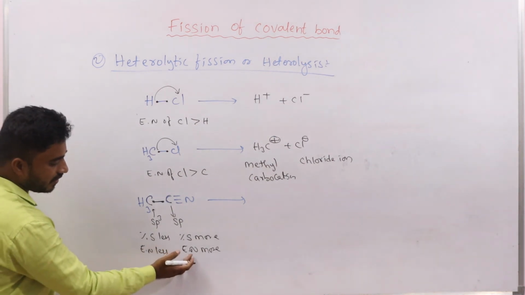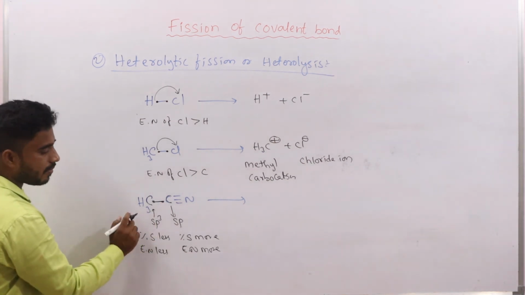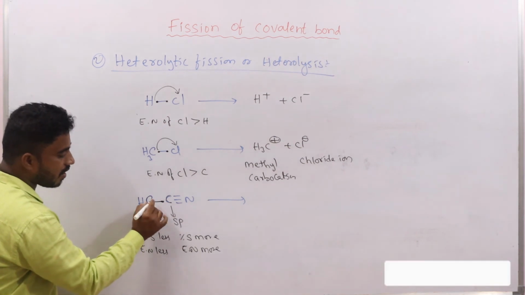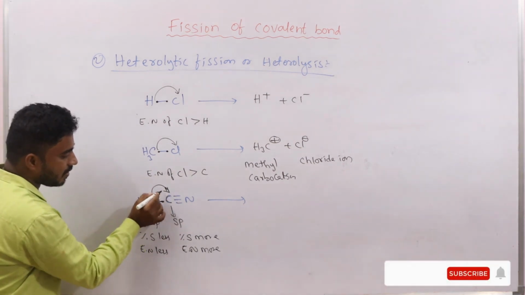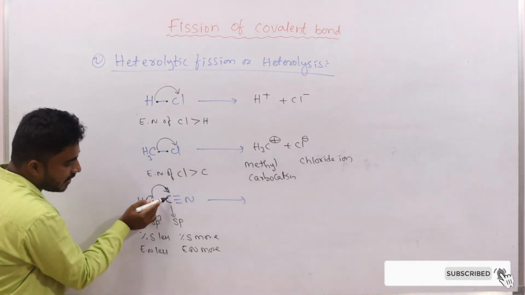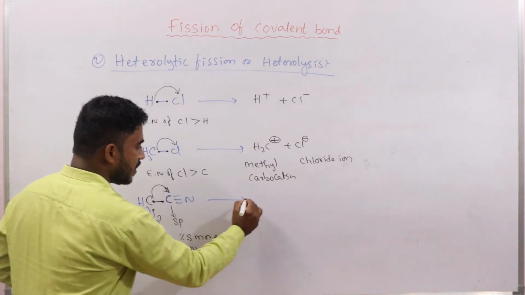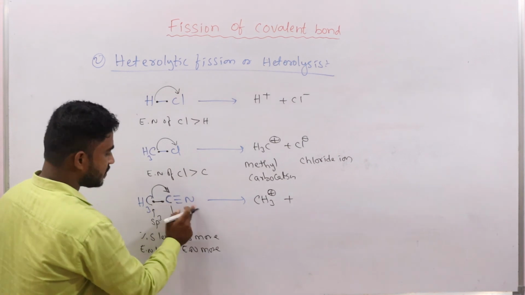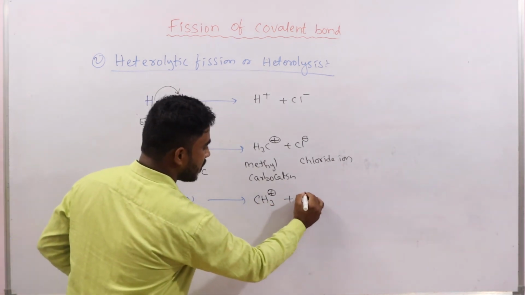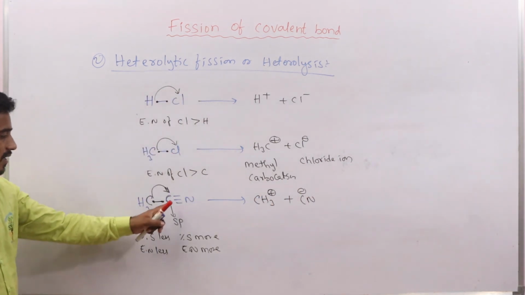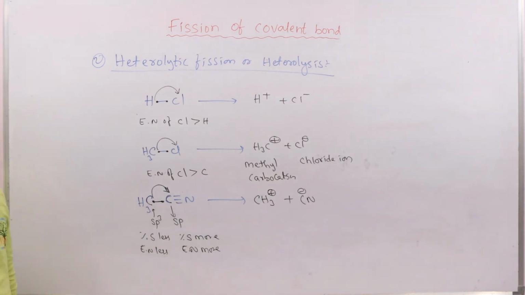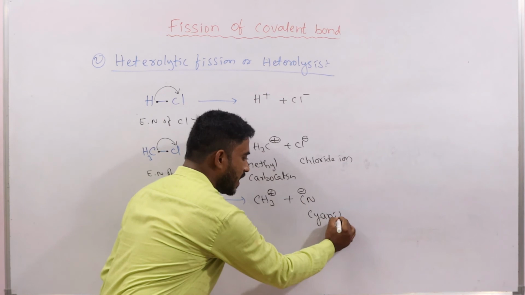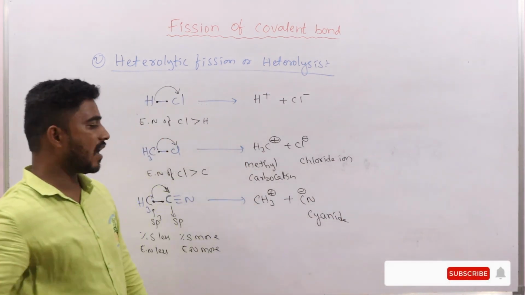So these two electrons move towards the sp carbon side. Then we can write CH3 plus and CN minus. This is called cyanide, and this one is the methyl carbocation.